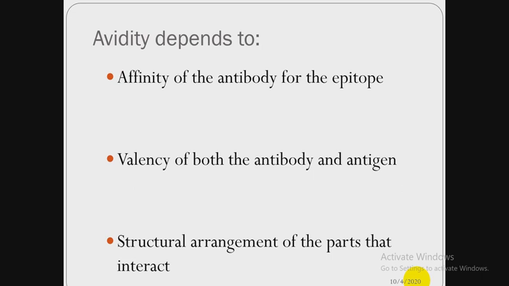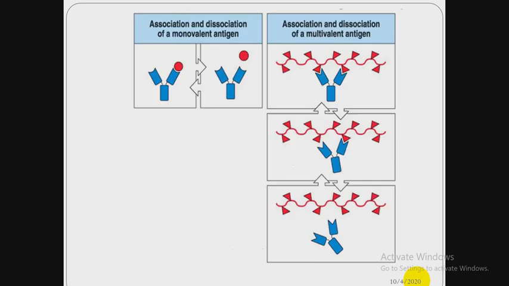The valency means the number of antigen binding sites which are present in an antibody, or the number of similar epitopes which are present in an antigen. And the third factor is the structural arrangement of the parts that interact with each other.